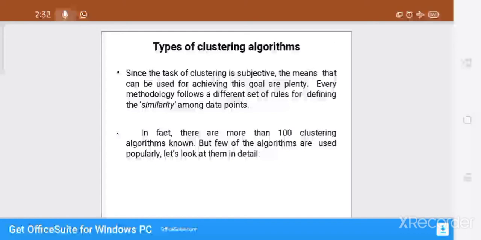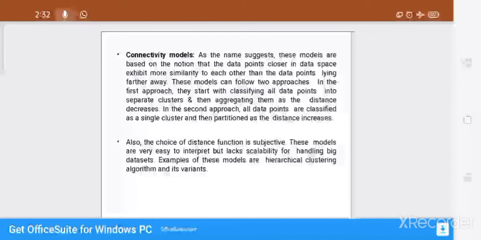In fact, there are more than 100 clustering algorithms known, but here we will discuss certain ones. First, connectivity models. As the name suggests, these models are based on the notion that data points closer in data space exhibit more similarity to each other than data points lying farther away.